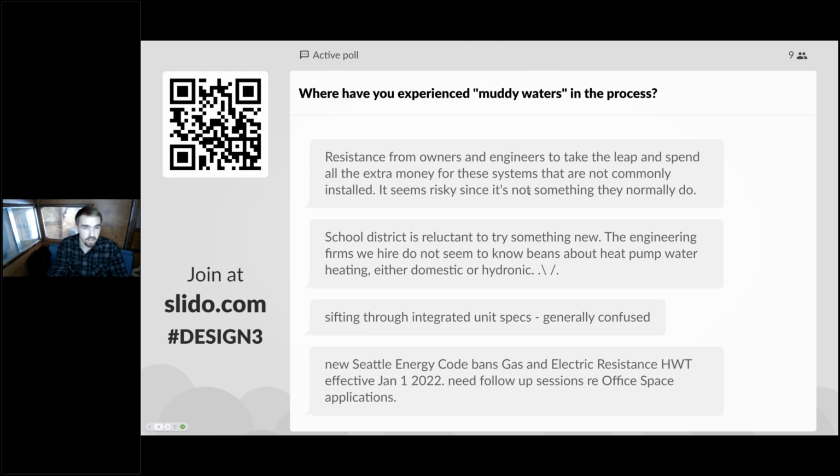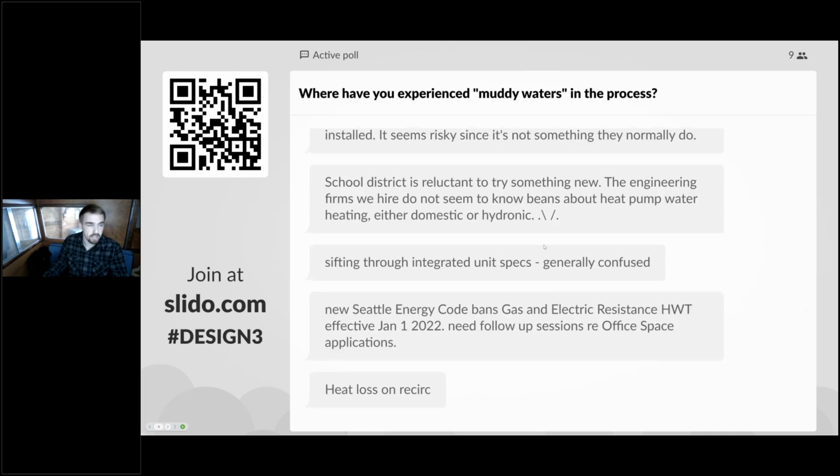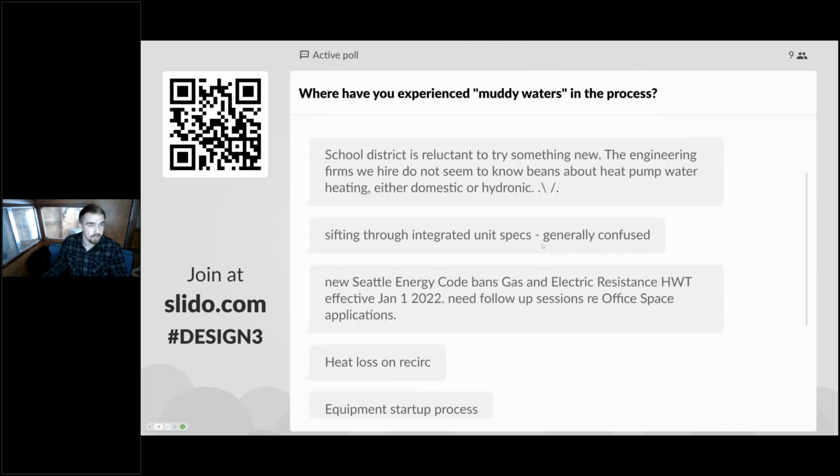And the next comment's about the same: school districts reluctant to try something new. Yeah, and engineering firms not knowing about heat pump water heating, either domestic or hydronic. Really common theme here. Sifting through integrated unit specs, generally confused.